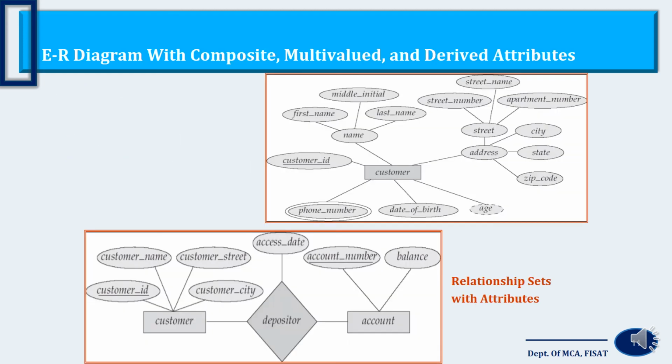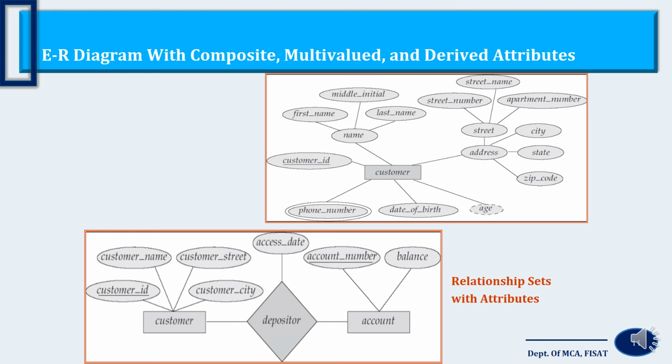Here two examples are given, the relationship with attributes. The relationships can be shown in the diamond box. The customer entity can be described in the rectangle, and the ellipses are used for representing the attributes.